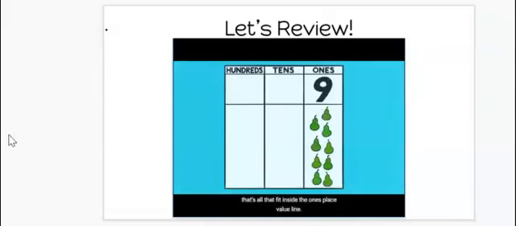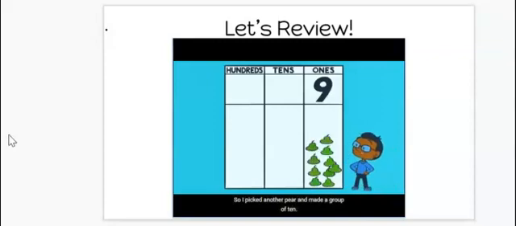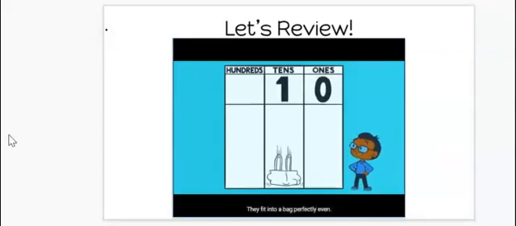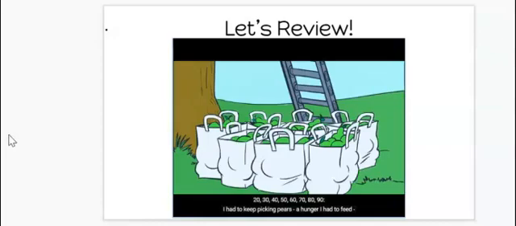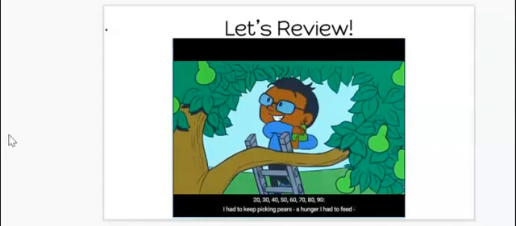That's all that fit inside the ones place value line. So I picked another pair and made a group of 10 to fit into a bag perfectly even. 20, 30, 40, 50, 60, 70, 80, 90. I had to keep picking pears, the hunger I had to feed.